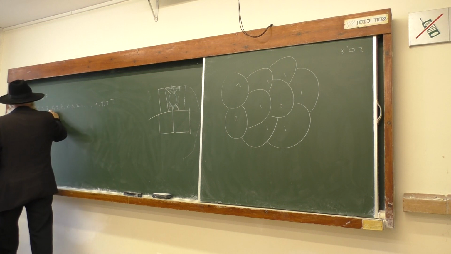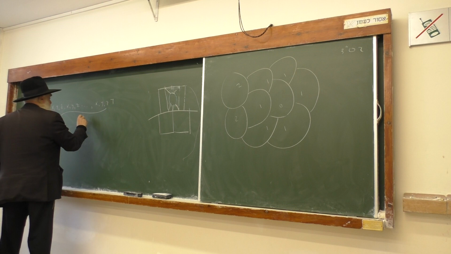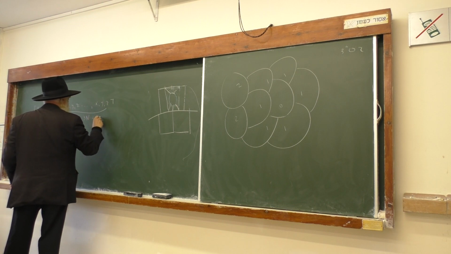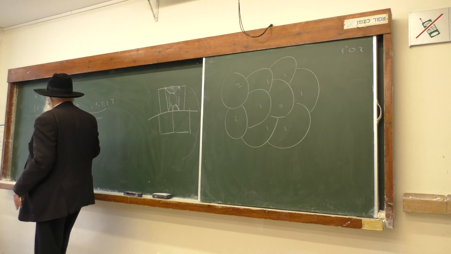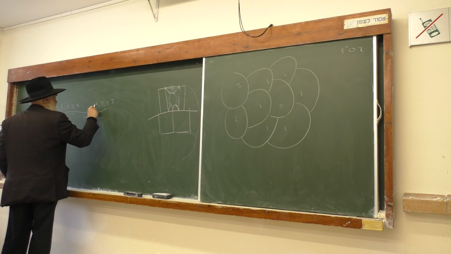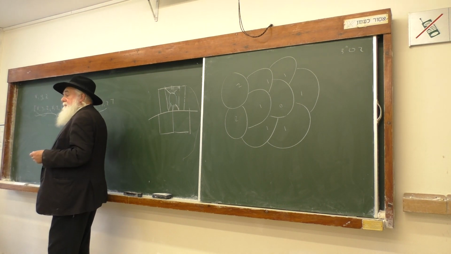How many times? 3n times. The n is, I mean, the letter, so this repeats n times. So we have the commutator of weight 3n. But n is an arbitrarily big number.